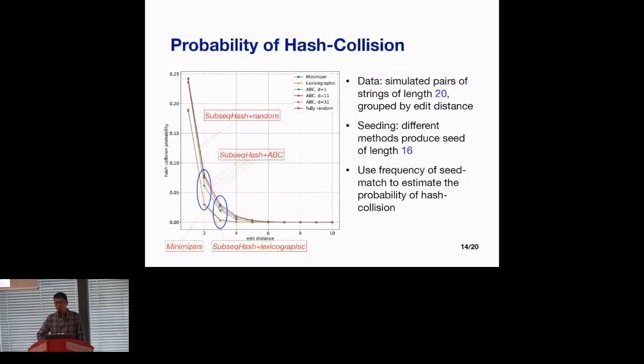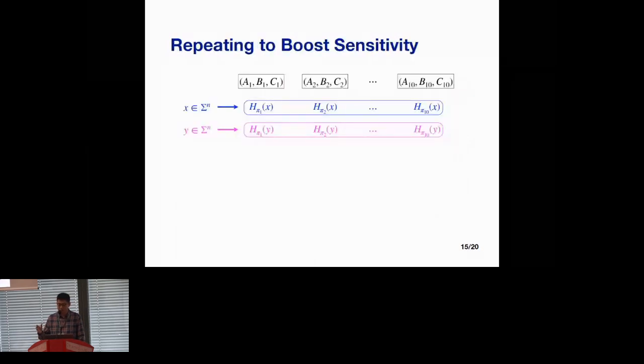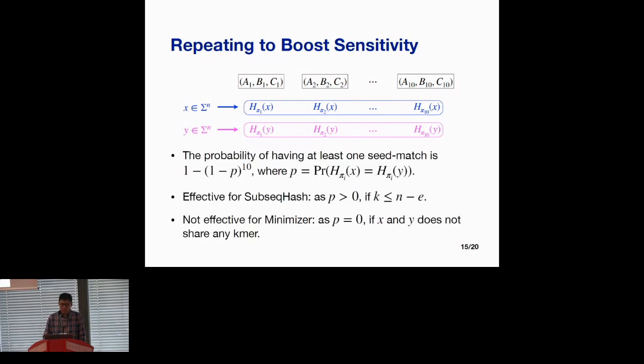To increase the probability of hash collision, to increase the chance of having a seed match, we can simply repeat, say, repeat subseq hash 10 times, each with a random independent set of ABC tables. Then the length n string X will be mapped into 10 seeds, same for Y. The probability of having at least one seed match becomes 1 minus (1-p) to the power of 10, where p is the probability of hash collision with a single subseq hash.